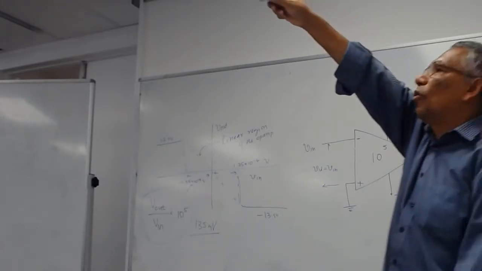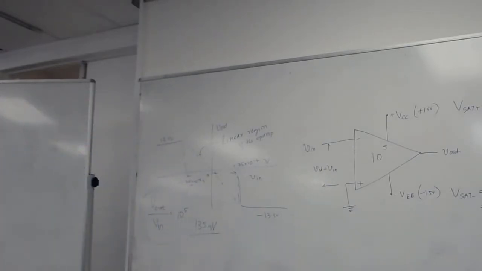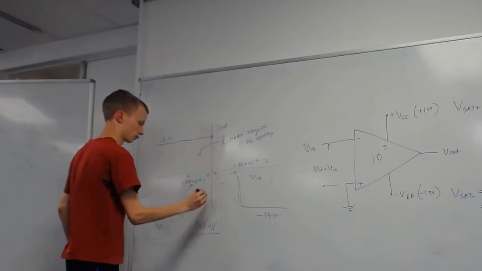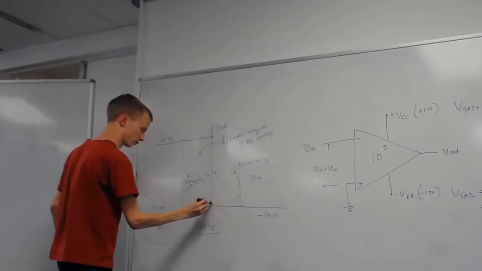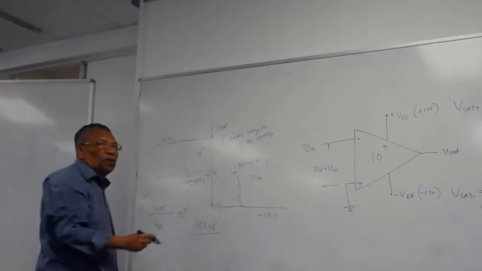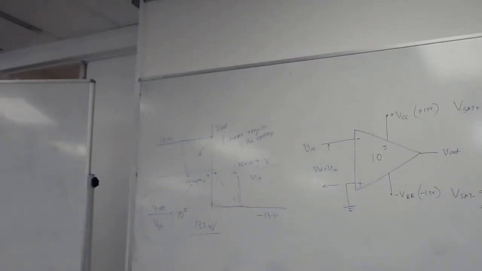Okay, over there, next row. Very good. So it will become like this. The higher the gain of the op-amp, the more it is like a comparator. So in the extreme case, yes.